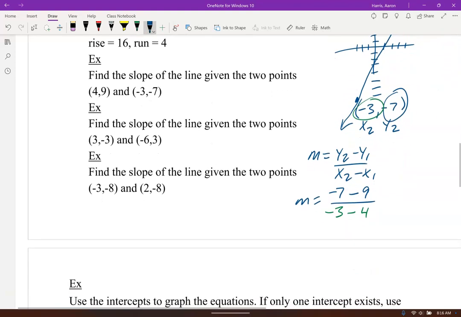So my slope ends up being -16 over -7, which is negative over negative is a positive. So our slope is 16/7.